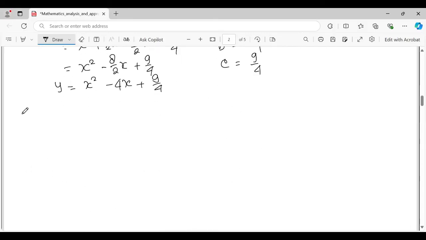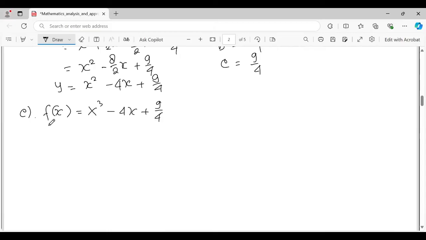Okay. The function is, wait, the function is x squared minus 4x plus 9 over 4.